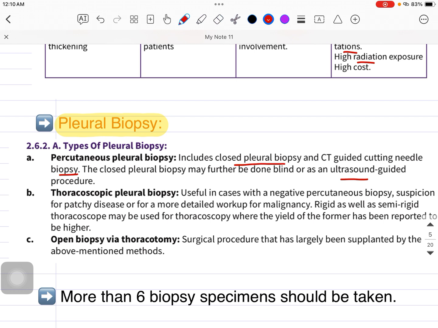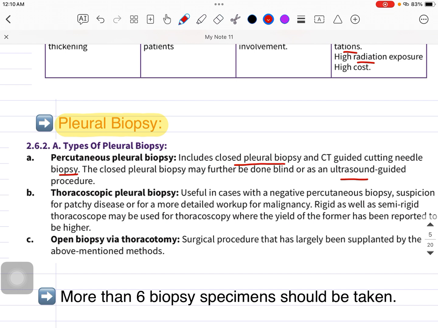Then the other one is the thoracoscopic pleural biopsy. This kind of biopsy is useful in cases with a negative percutaneous biopsy, and where we suspect there could be some kind of malignancy or something like that.